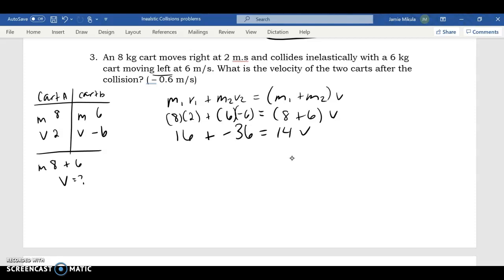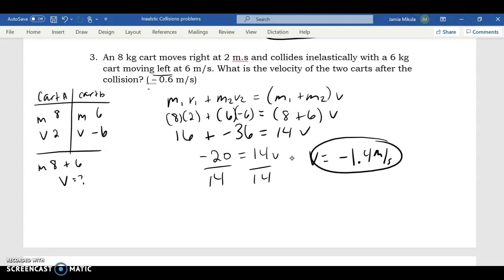So 16 plus negative 36 is negative 20 equals 14v. Divide 14 on both sides. Negative 20 divided by 14 is negative 1.4. And again, I think that's a wrong answer.